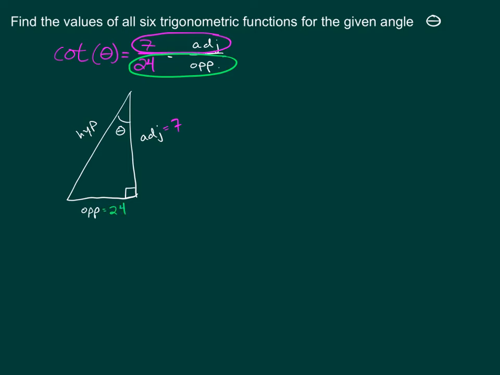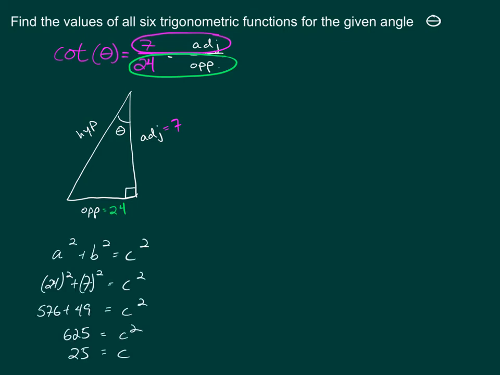Now, mind you, my drawing is not to scale, and that's fine. As long as you go through and you label the value of each side, you're going to be just fine. So now we're back in a situation like we had in the last slide, where we know A and B, we don't know C, so we have to use the Pythagorean theorem, which looks something like this.